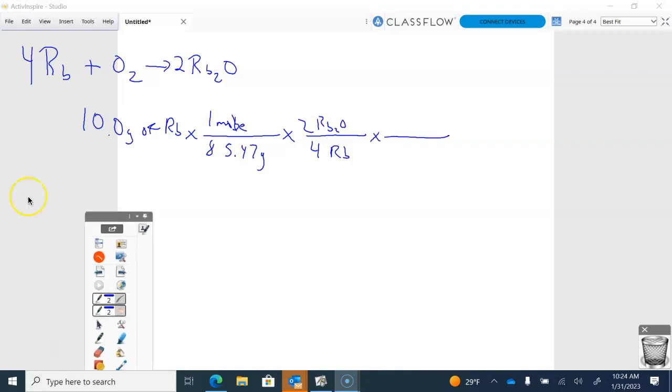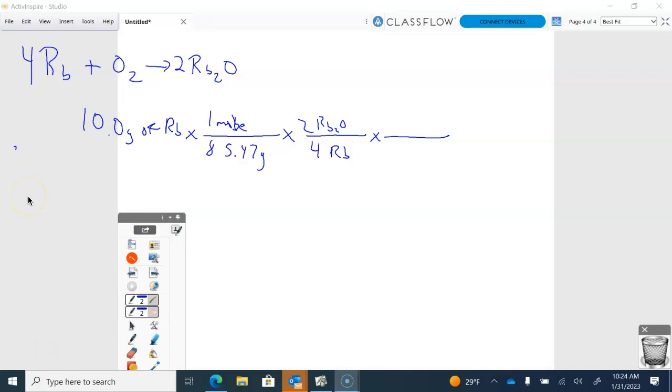And now I got to do rubidium oxide, which is going to be 2 times 85.47. Is that all I get? Rubidium's not very carefully measured yet. Okay, and then plus 1 times 15.999. 2 times 85.47 plus 15.999, and I get 186.93939 would be better.